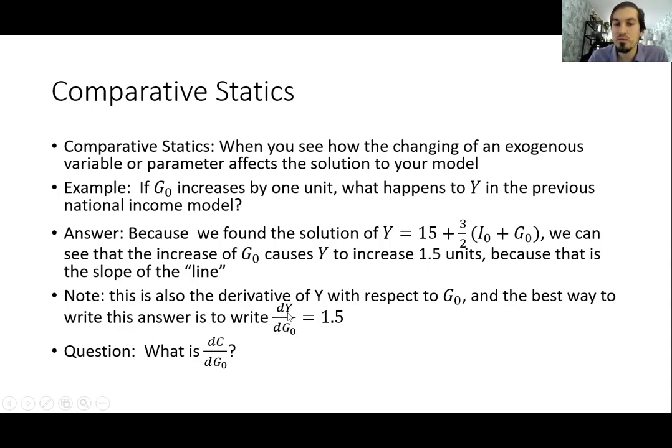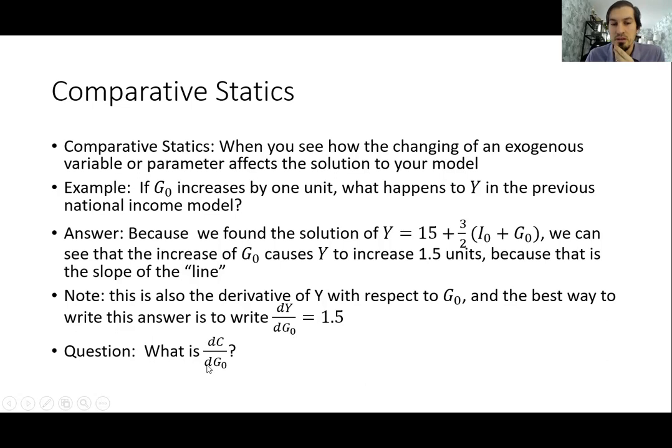It doesn't mean dy divided by dG0. This is a notation. And the way you read this is as follows. The derivative of y with respect to G0. So whenever you see d something over d something, you say it's the derivative of the top thing with respect to the bottom thing.